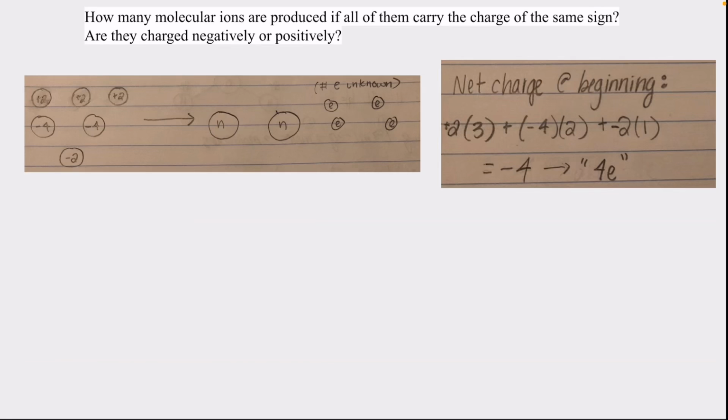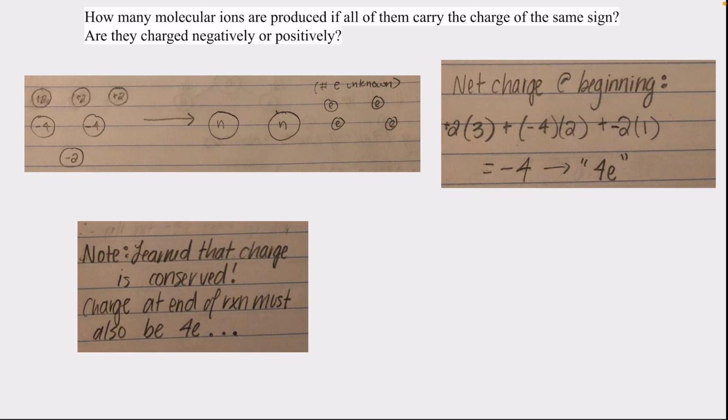So the first thing that we want to do is add up all of the net charge at the beginning, using that idea that we learned in this chapter that charge is going to be conserved.